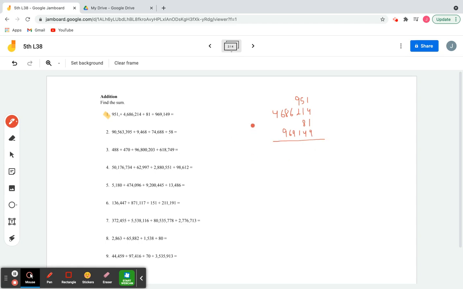Okay, and then let's add the numbers. So let's start with the ones place. We have 14 plus 1 plus 9, so it's going to be the same as 15, right? And so I'm going to write 5 here, and then I'm going to carry the 1 over here. And now we add 4, 8, 1, 5, and then 1. So it's the same as 6, 7, 15, 4, 19.